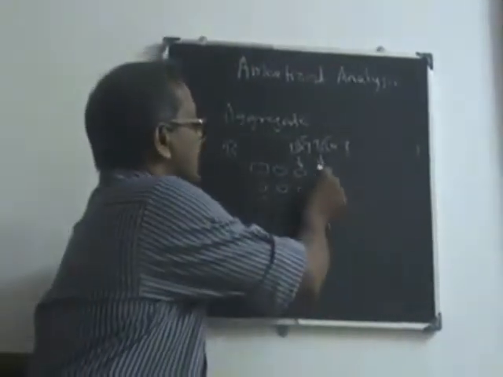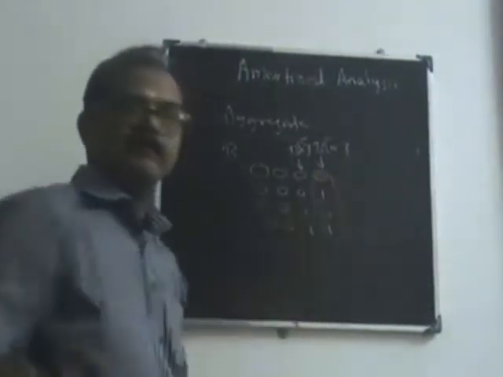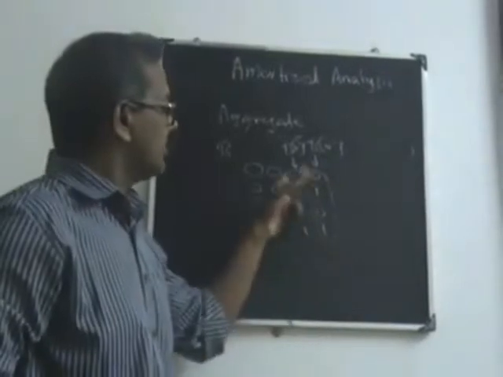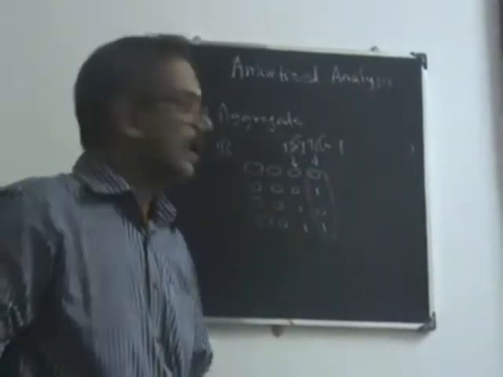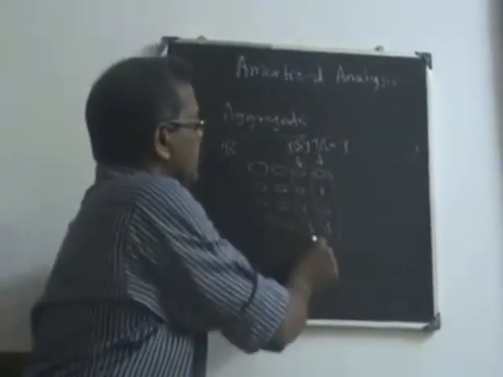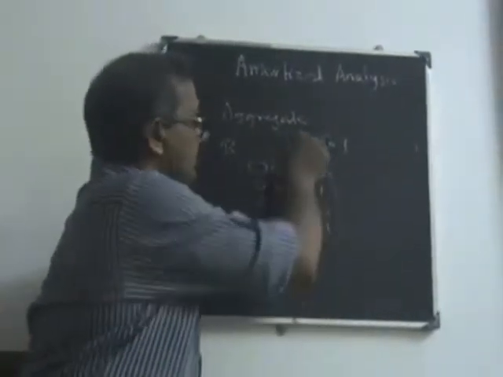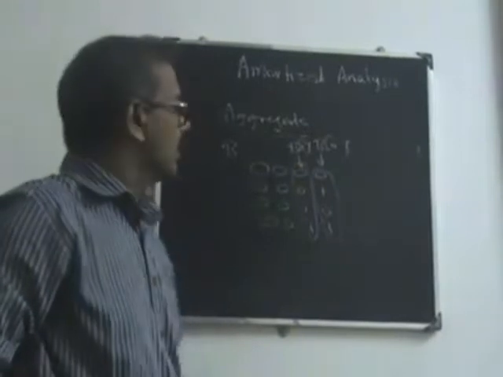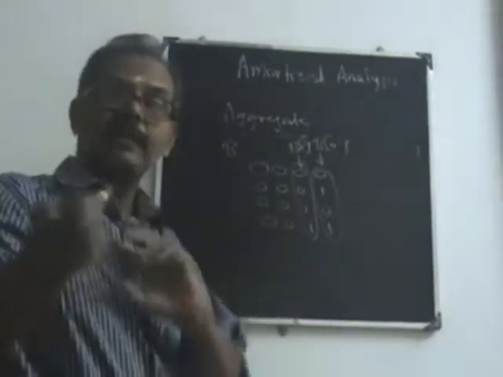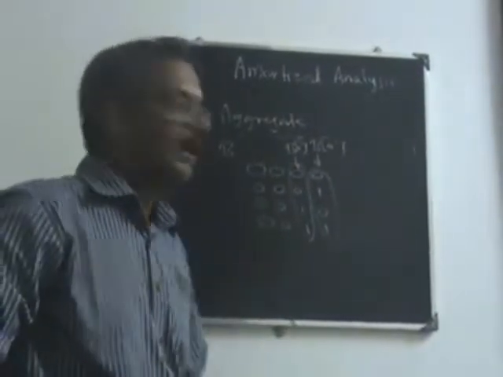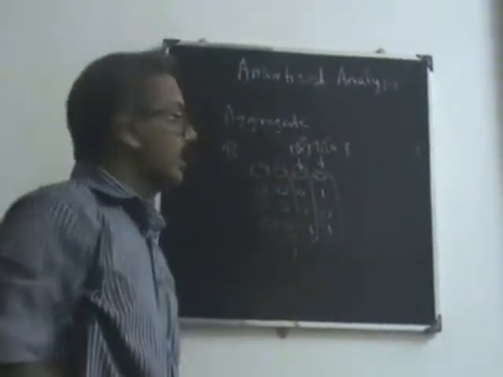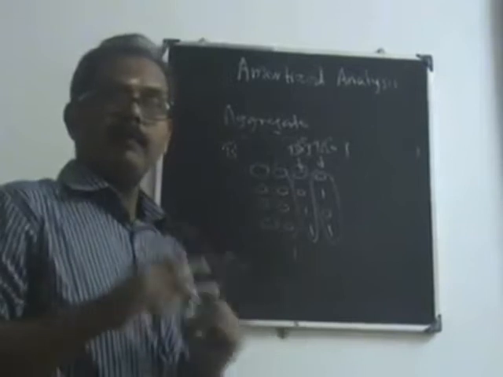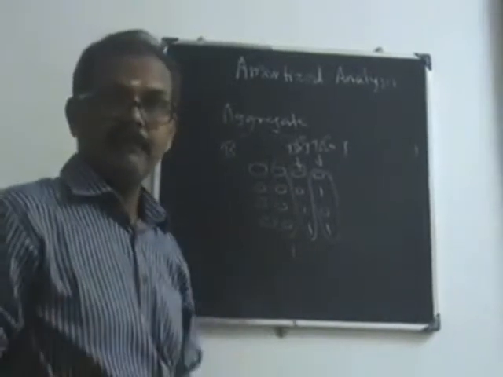The bit B0 flips every increment, 0, 1, 0, 1. But the bit B1 flips every other time, and B2 will be flipped every 4th time.